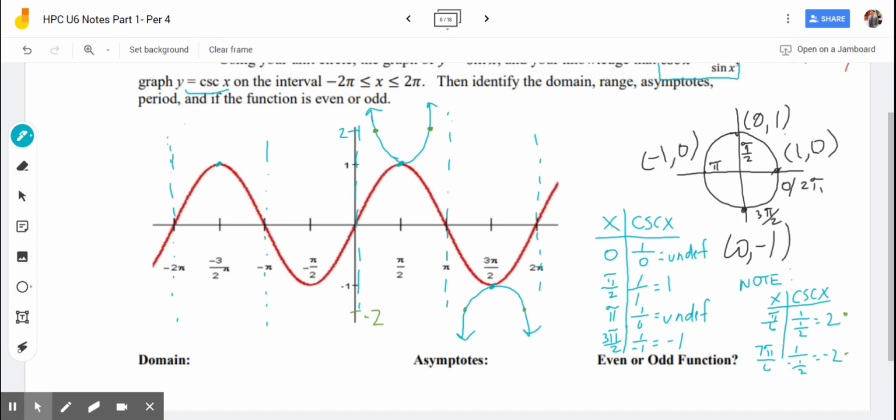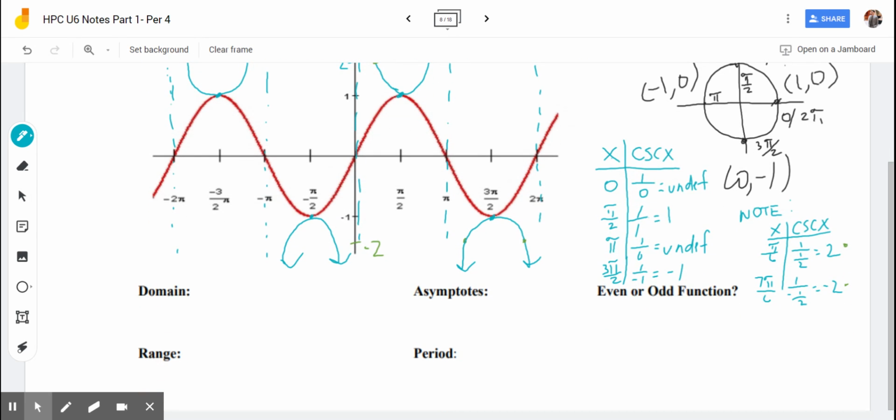And then we would essentially just reverse the direction of the parabola. I call it reversing the hump. If it's downward facing in between these asymptotes, it'll become upward facing. And from negative pi to 0, because it's an upward facing parabola for sine, it'll become a downward facing parabola for the cosecant because it's the reciprocal function.